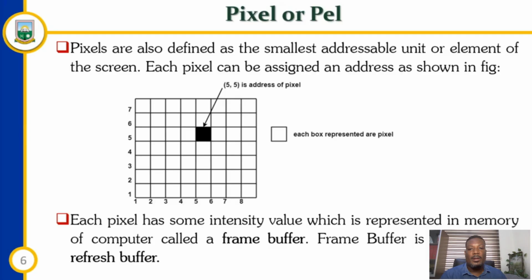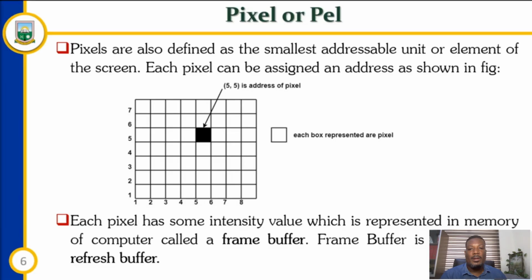So for a black and white monitor, the black pixels are represented using ones, and the white pixels are represented using zeros. In the case of a system having a 1 bit per pixel frame buffer, this type of system is termed as a bitmap.